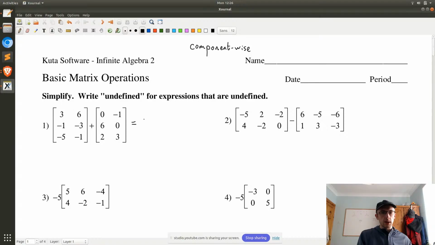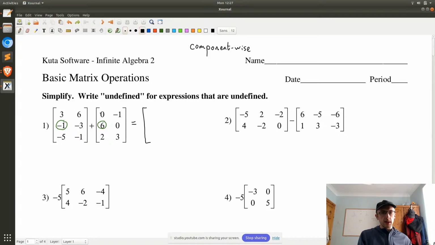What that means is this component here, for example, obviously corresponds to this component here. And so to get this component here in the output, we just do -1 plus 6, which is 5. Okay, so let's do it then.